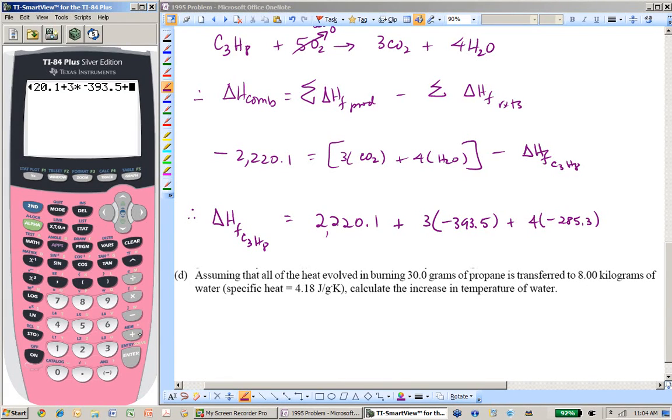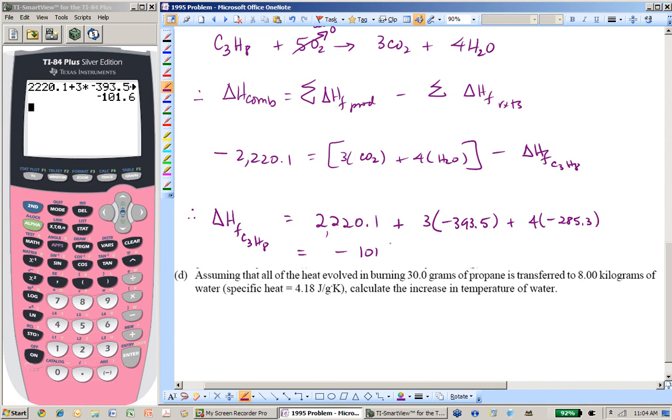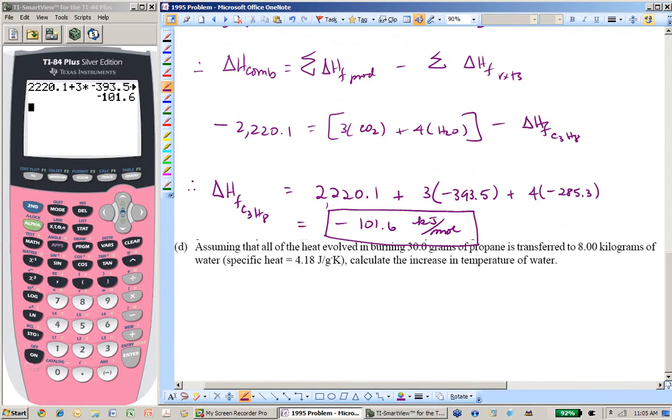Okay, plus 4 times a negative 285.3 equals negative 101.06 kilojoules per mole. That's about as easy as that's going to get.